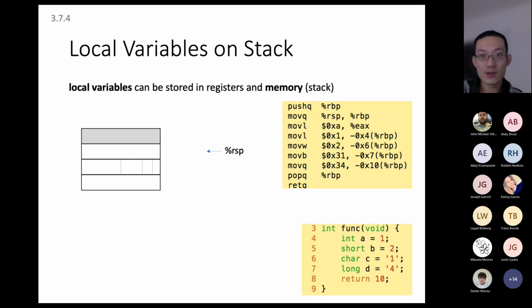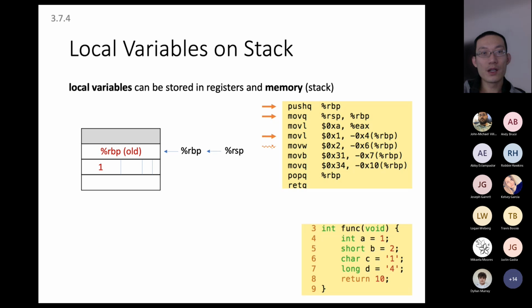Now the stack we will introduce actually plays more roles than that. If we have local variables, we put those local variables on our stack. Here's the example. We have function func, and we have 4 local variables initiated. And let's look at where these local variables are.